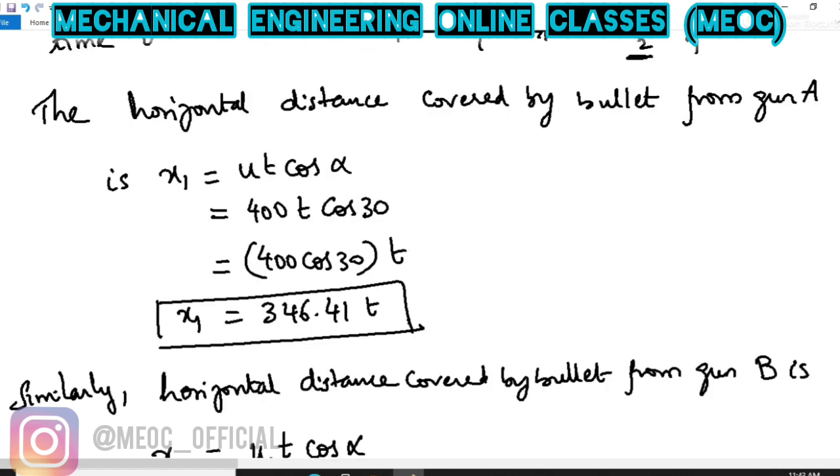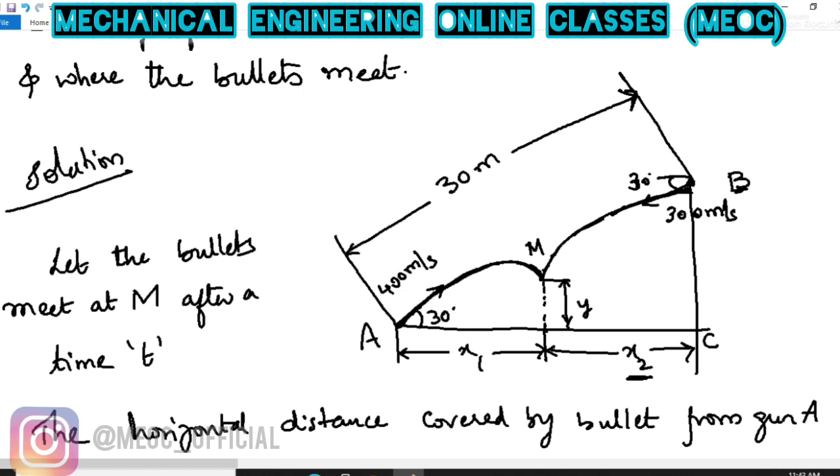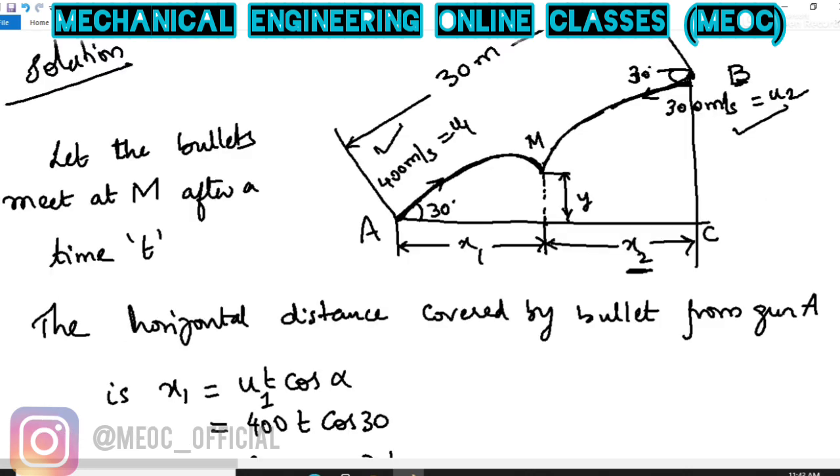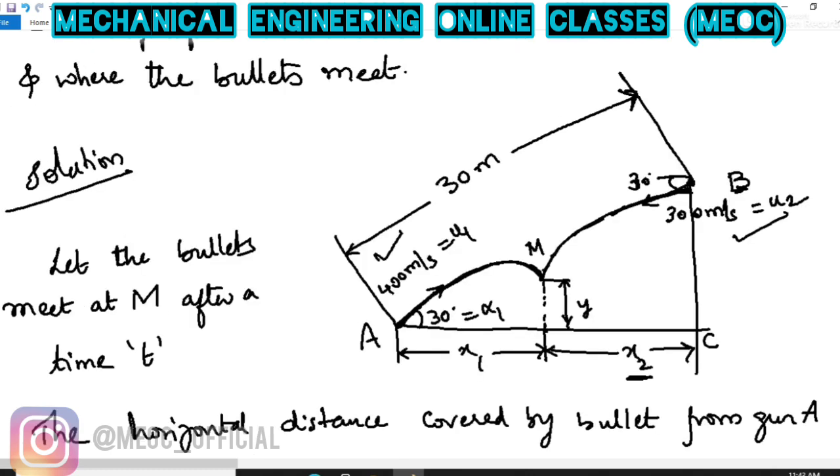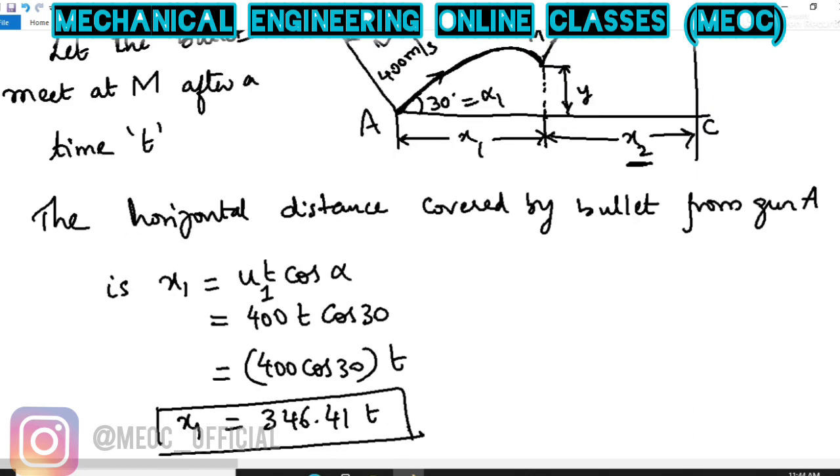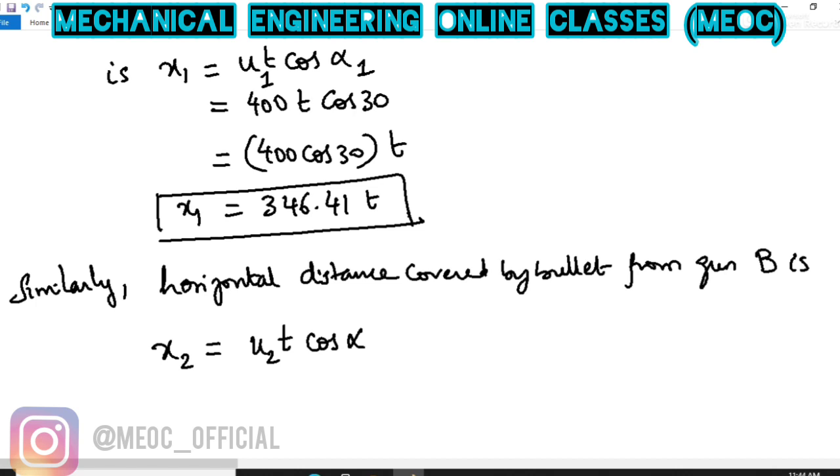See, this u is for the velocity of bullet from first gun. So you can write it as u1 also, because 300 is not equal to 400. So I am naming them separately. Let this be say u1, let this be say u2, and let this be alpha 1, let this be alpha 2. But in this given case, alpha 1 and alpha 2 are same. But otherwise we have to name them separately only. So here x2 is u2 t cos alpha 2, but alpha 2 is also 30 degrees only, just like alpha 1.